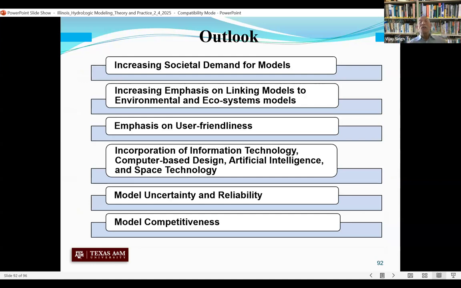There will be increasing demand by society for these models. There will have to be increasing emphasis on linking these models with environmental and ecosystem models. There will have to be an increasing emphasis on user friendliness. Models will have to incorporate information technology, computer-based design, artificial intelligence, space technology, and the models will have to clearly state uncertainty and reliability.